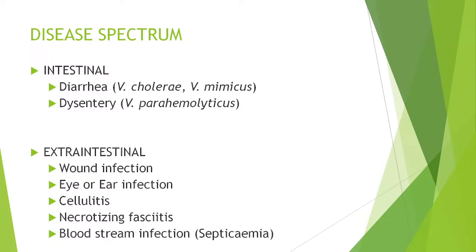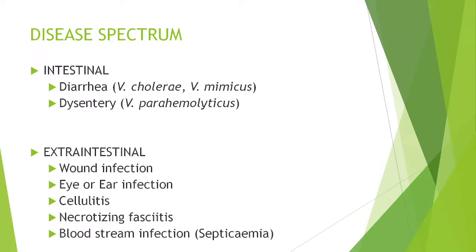So what is the usual disease spectrum? It can be classified into two: intestinal as well as extra-intestinal. Intestinal are much more common than the extra-intestinal manifestations, that you have to remember.